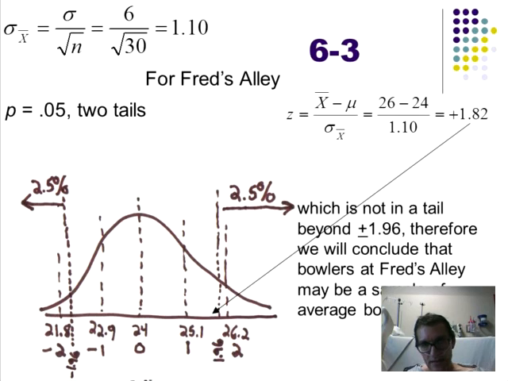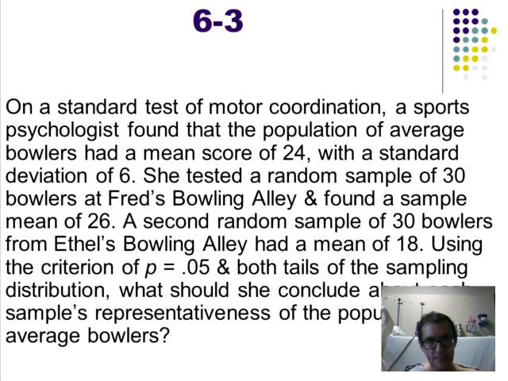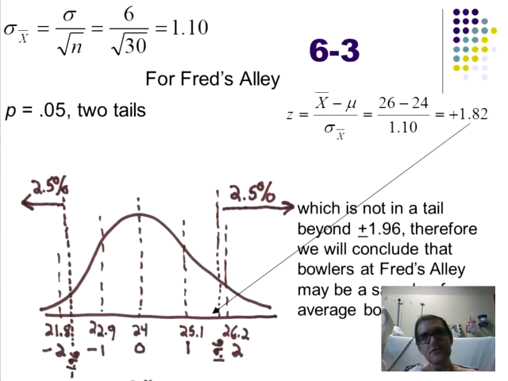And now I've laid out my z-scores of plus and minus 1.96 that we've decided are the important numbers. Let's calculate the z-score for Fred's bowling alley. Fred's bowling alley had a sample mean of 26. So the sample mean of 26 minus the population mean of 24, divided by sigma sub x bar of 1.1, equals positive 1.82.